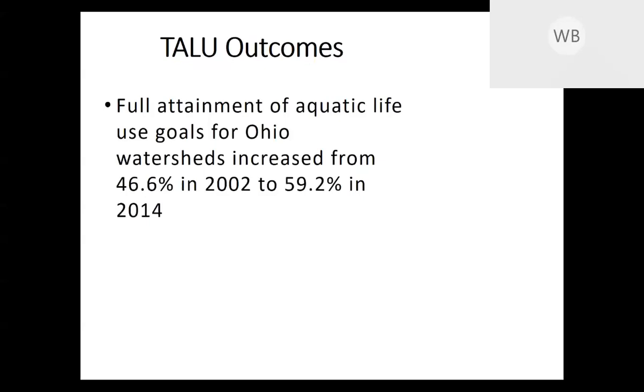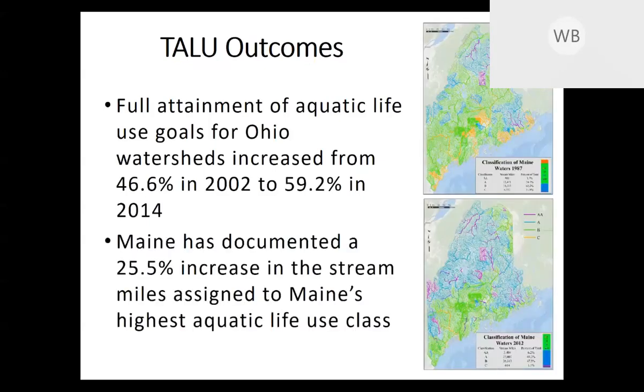Ohio, as an example, has had TALU for many decades, or several decades anyway now. And they've seen their full attainment for their aquatic life uses go from about 46% to 59% from 2002 to 2014.